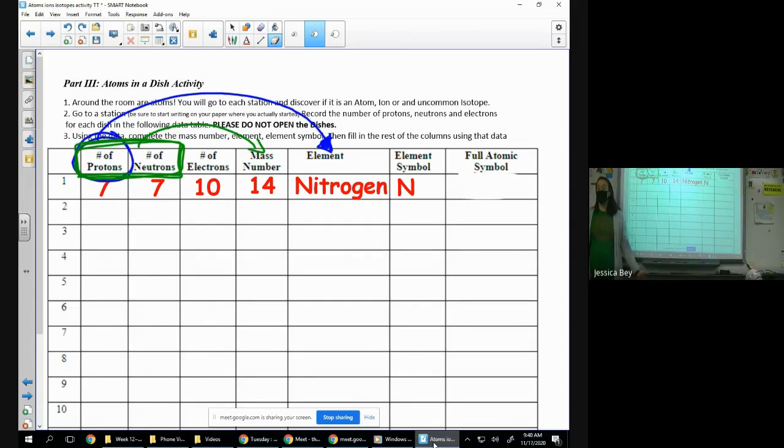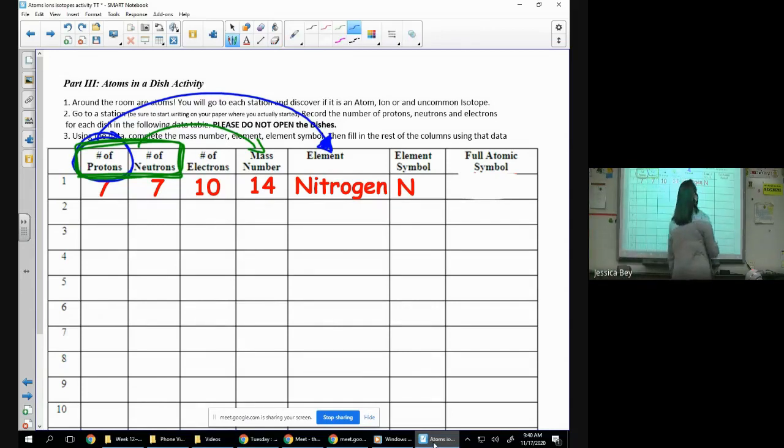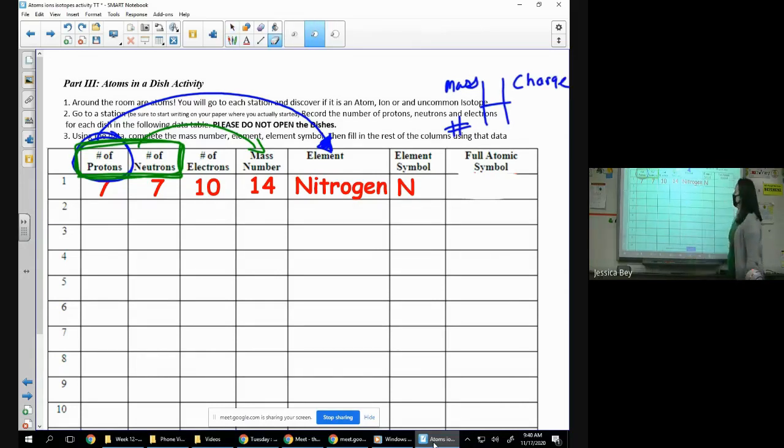And then the last thing you have to do is fill out the charge because it asks for the full atomic symbol. Let's remind ourselves, for the full atomic symbol, you write the mass, which is A, over the atomic number, and then you write the charge. So if I'm filling this out, my mass is 14, my atomic number is 7, my element symbol was an N. However, I now have to figure out the charge.